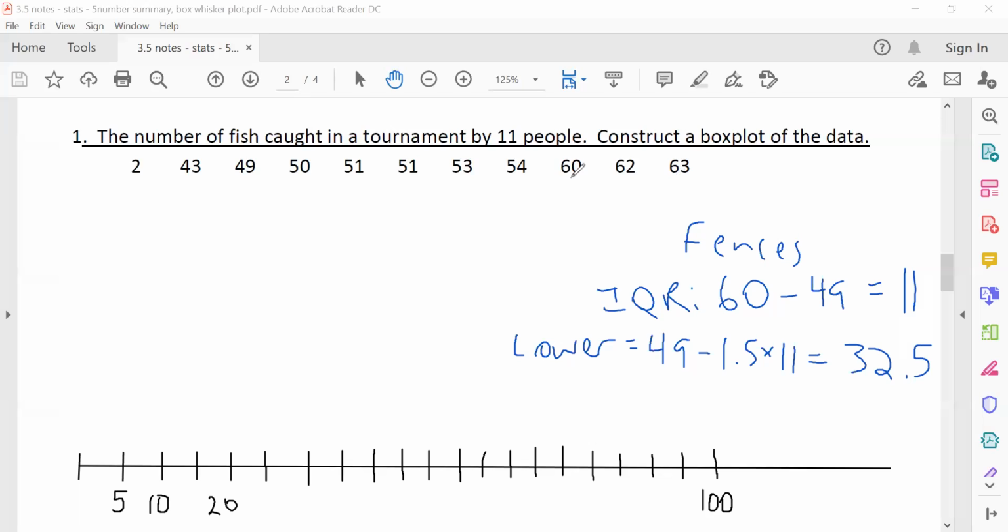Here's 20, here's 25, here's 30, 40, 50, 60, 70, 80, I'm sorry, I guess this one was 90. I guess this was 90 down here. Oops.